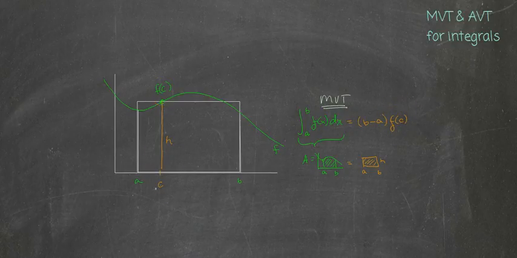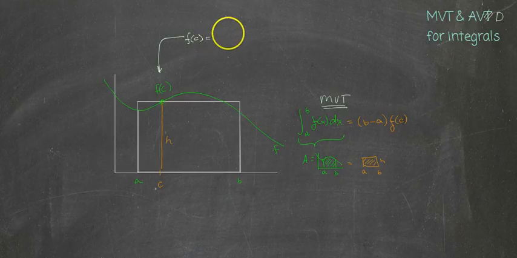So now we look at the definition of the average value. And this says, actually it's the AVD, the average value definition. So this f of c is defined as the average value.